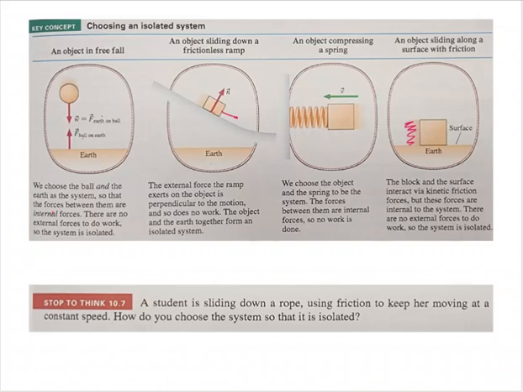Okay? So if we think down here, a student is sliding down a rope using friction to keep her moving at a constant speed. How do you choose the system so that it's isolated? What would our system be? The rope and the student and the earth. Yes. So it's her and the rope. Obviously, they have to be part of it because she's holding onto the rope, right?